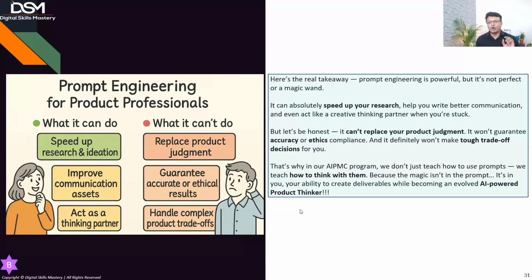You know what is happening in and out of your product, you know about your customers, you know what is the pressing point, what are your top priority items, and when the output comes, that's where you have to take it with a pinch of salt and then apply your thinking as an AI-powered product thinker, and then you apply the learnings and take the results forward.